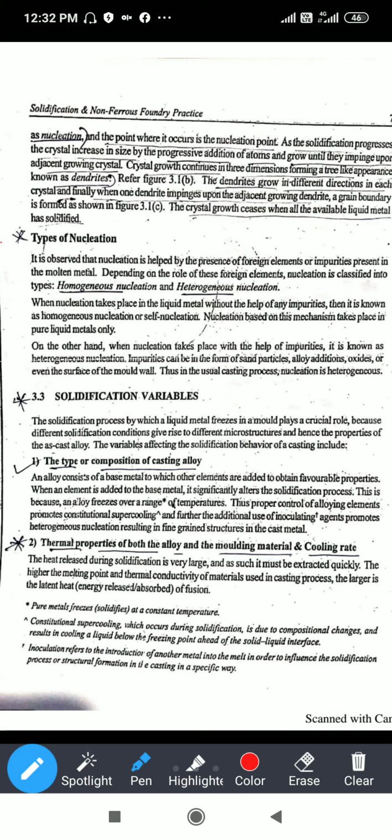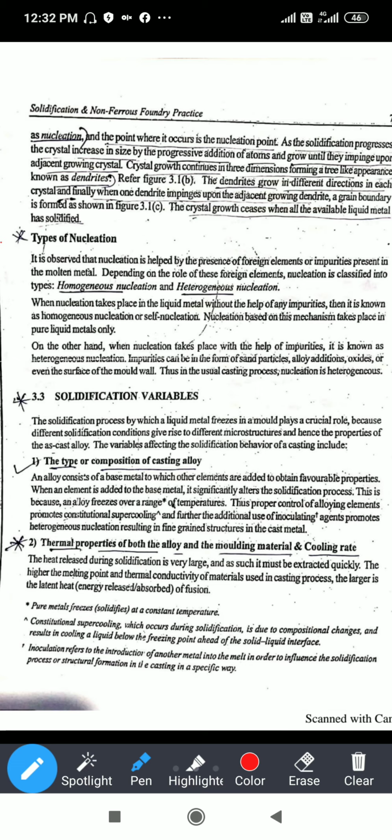This is called heterogeneous solidification, the generation of new nuclei in the base metal, done by this heterogeneous phenomenon, resulting in a fine grain structure in the metal.